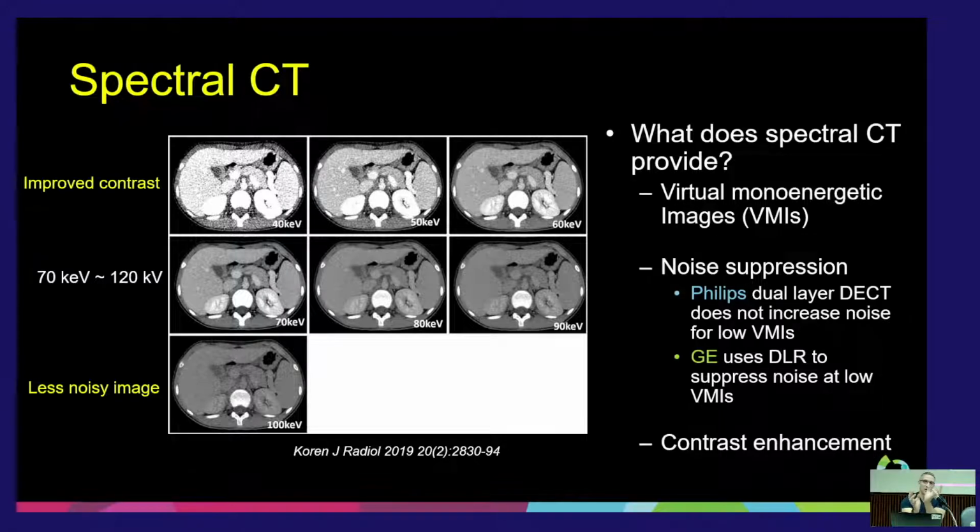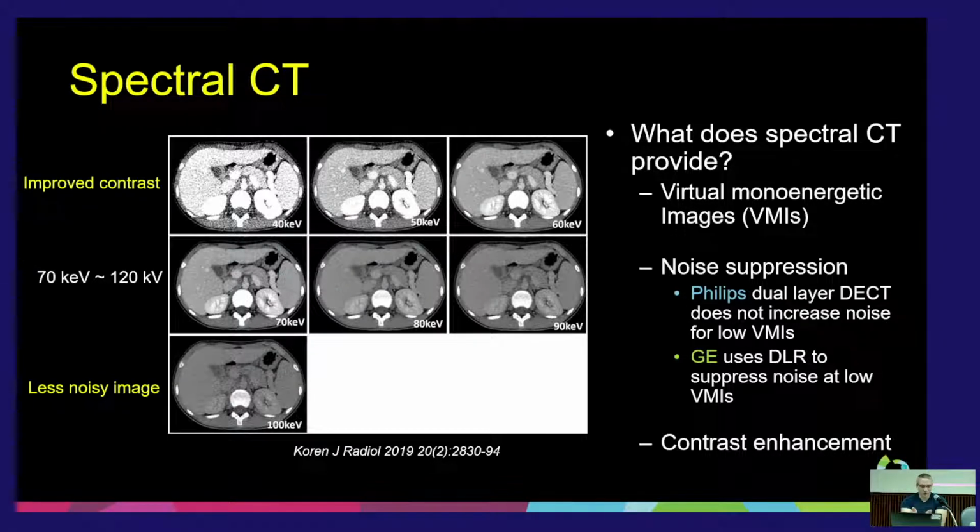Now if you acquire it with multiple, let's say you do dual energy, so we acquire one at 80 and one at 140, now you can do mathematics, and so you have two scans, and because of the mathematics, you can reconstruct the image any way you want.